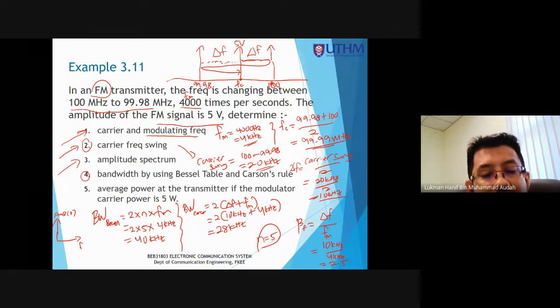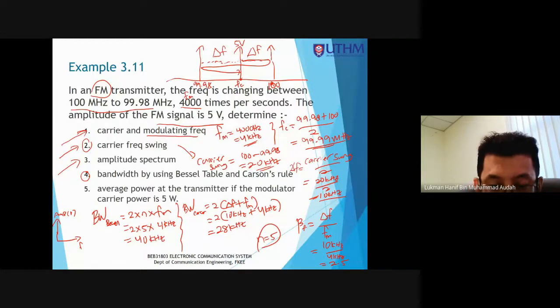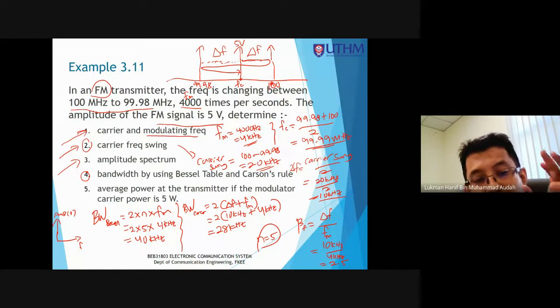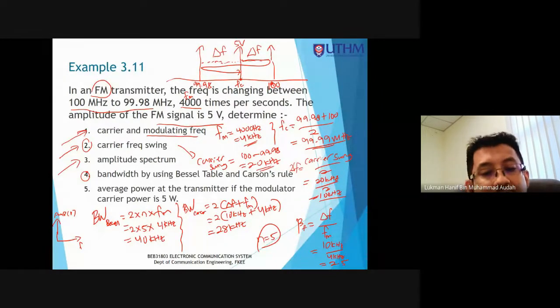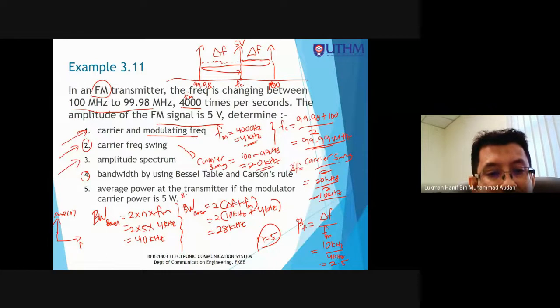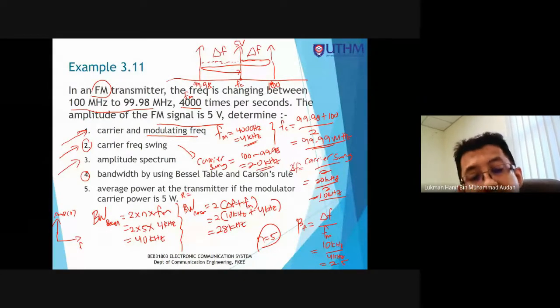R tidak diberikan dalam soalan. Sepatutnya soalan memberikan nilai R. Suppose the question should provide the value of resistance. So dalam kes ini kita boleh assume R sama dengan 1.